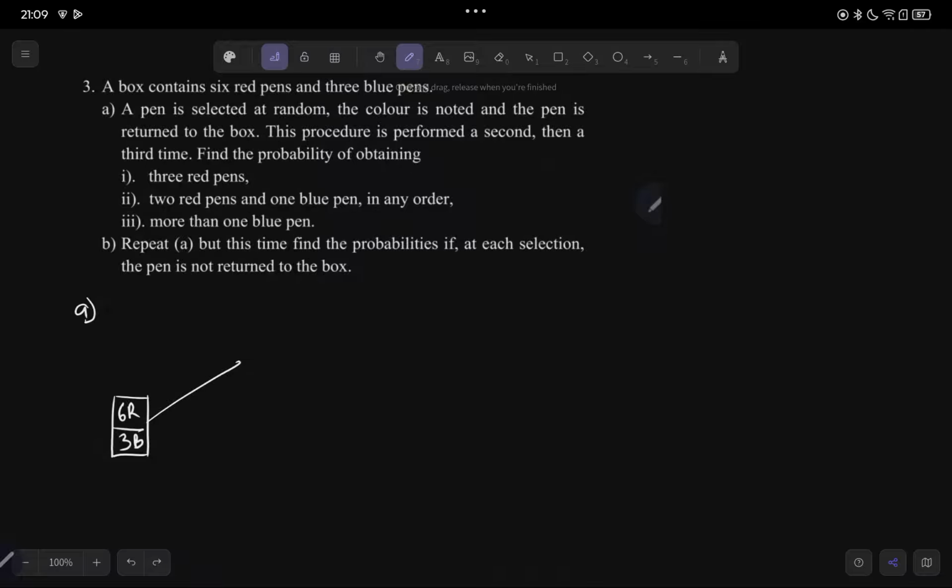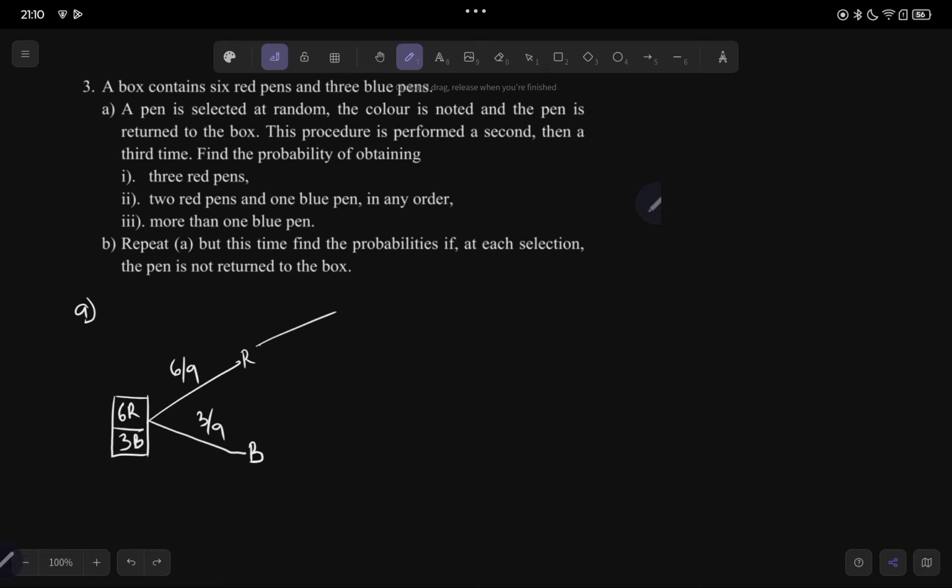So we have the first branch. We can get a red here, or we get a blue. Probability of getting a red is 6 out of 9. Probability of getting a blue, therefore, is 3 out of 9 in the samples. That is for the first time.